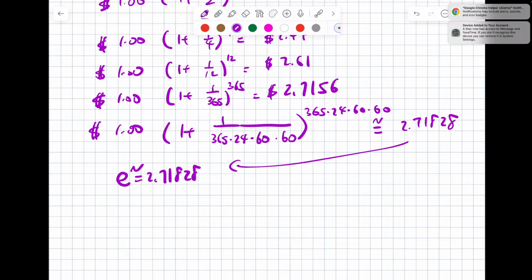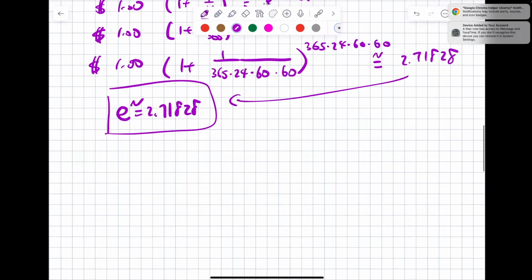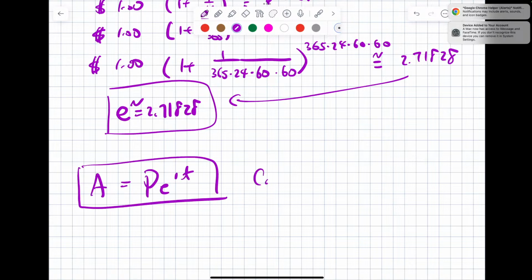But it's not going to grow just at the end of the day. It's going to grow throughout the day because somebody will touch things they're not supposed to touch. Okay? So this E, they call it continuous growth. So PERT, this is called continuous growth.